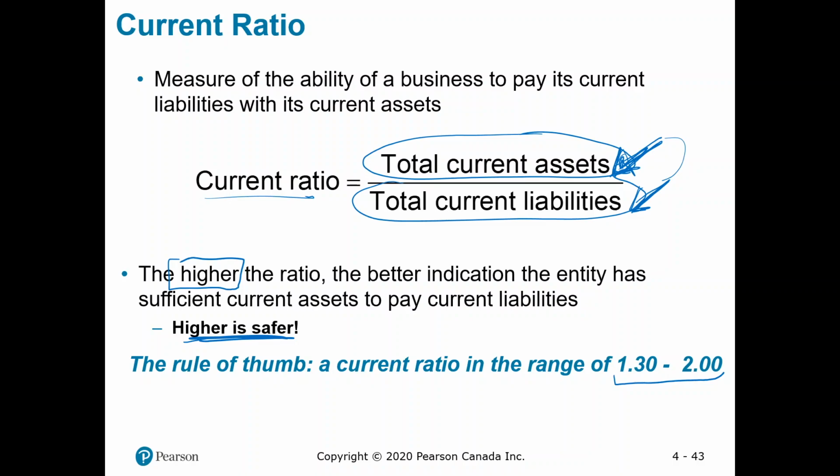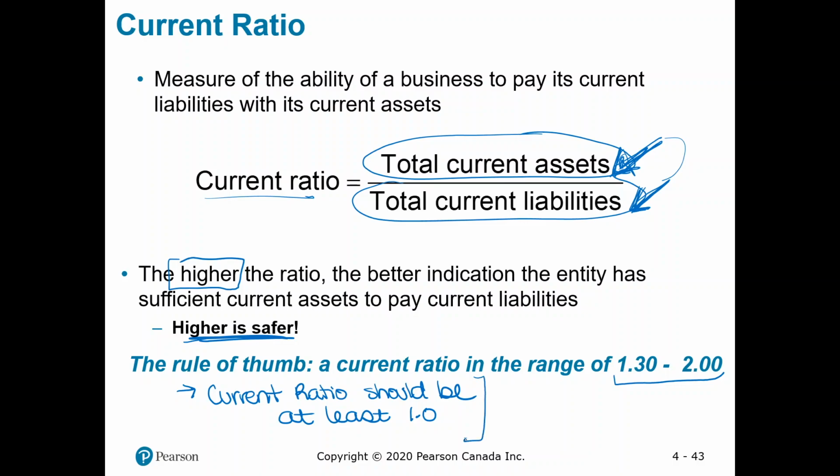So you at least want your current ratio to be at least 1.0. And this means that you have just enough current assets to pay off your current liabilities.